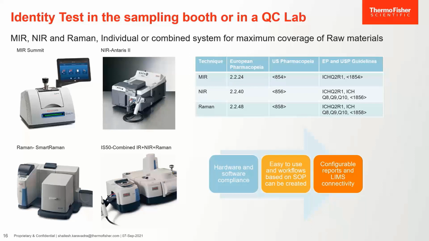It can have a module for near-infrared spectroscopy with a probe. It can have a 1064 Raman in a sample compartment for doing the ID testing with Raman, and it can also be configured to have an ATR. So the best of all three techniques can be used in a combined instrument in a lab, for example, or at a sampling booth, to have maximum coverage of your raw materials.